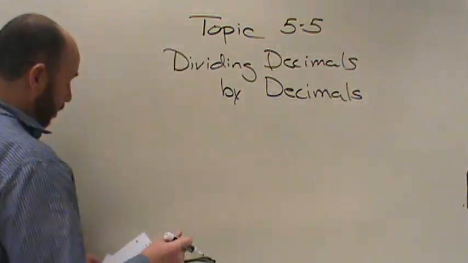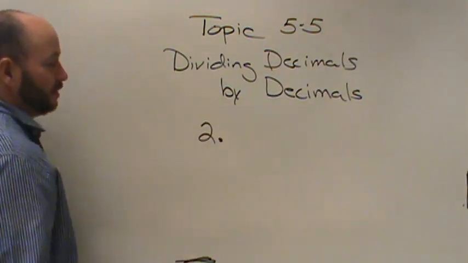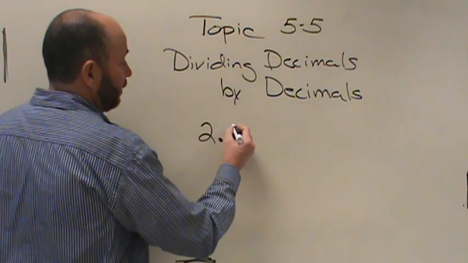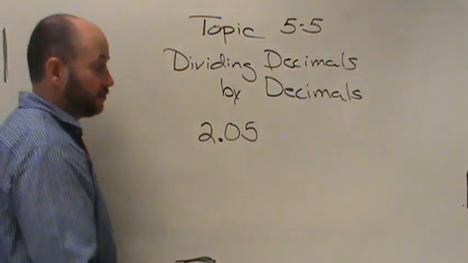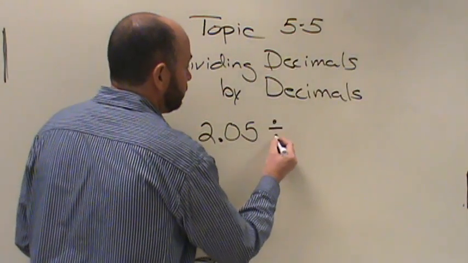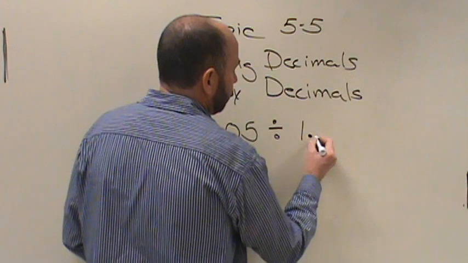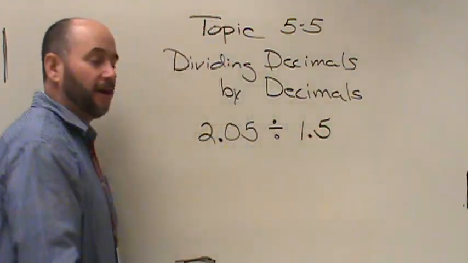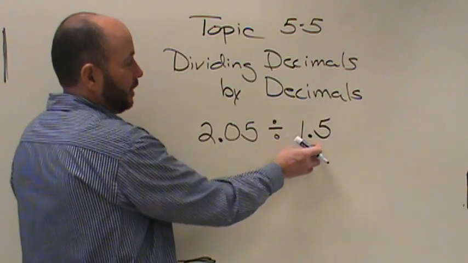In other words, a problem that we will look at is something like 2 and 5/100 divided by 1 and 5/10. So we'll be talking about a decimal being divided by a decimal.